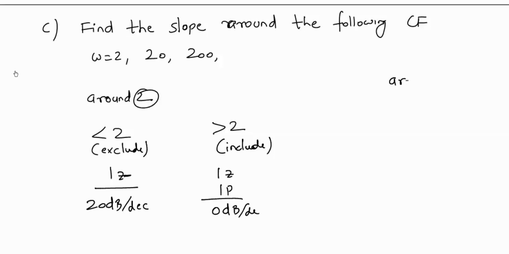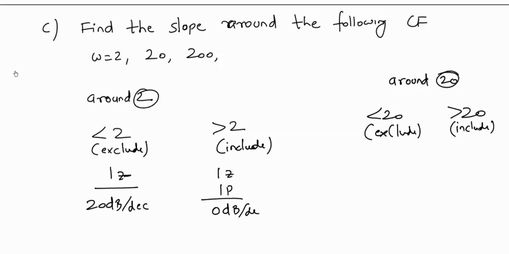Similarly, let me take one more example around 20. Around 20, we consider less than 20 and greater than 20. Here we will exclude 20 and there we will include it. So for less than 20 we exclude 20, so we have 3 zeros and 1 pole.